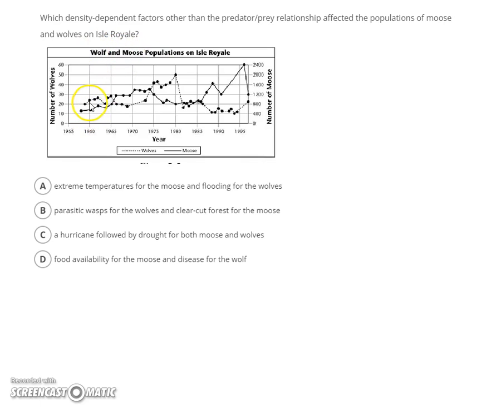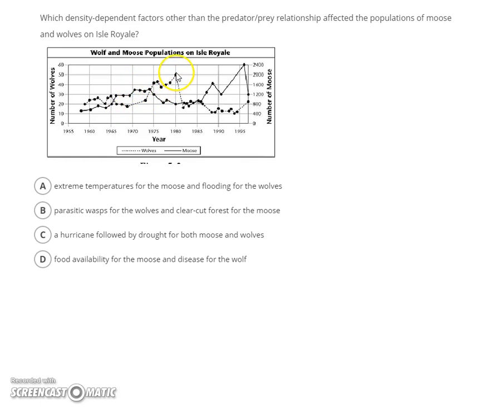So what we see is sometimes when we see a swing in one species, like here we see the moose swing up, that goes right along with a drop in wolves at the same time, which shouldn't be a surprise. If there's less wolves, the moose population is going to be able to be a little bit bigger. And the same thing works the other way. We get a lot of wolves here.